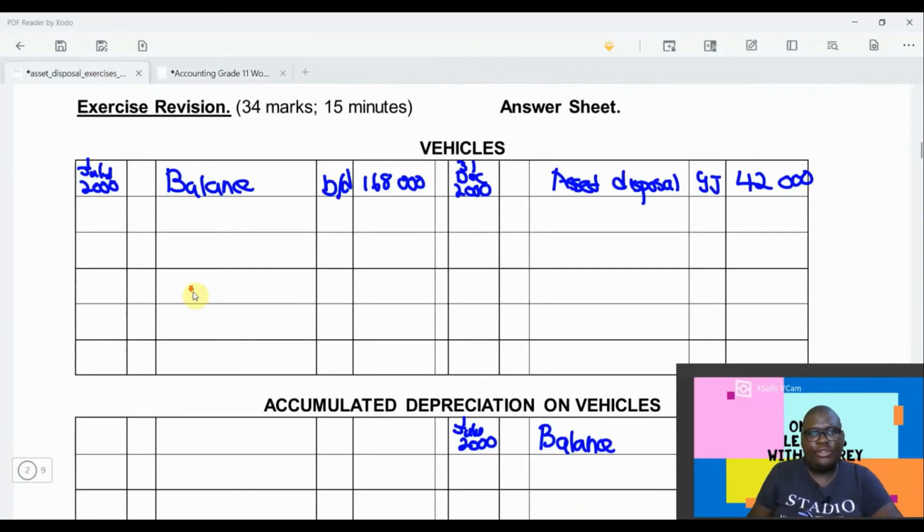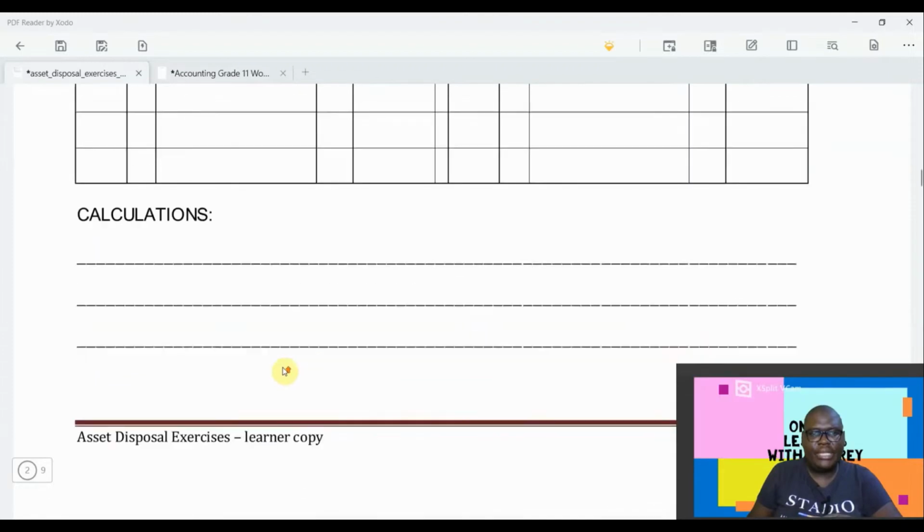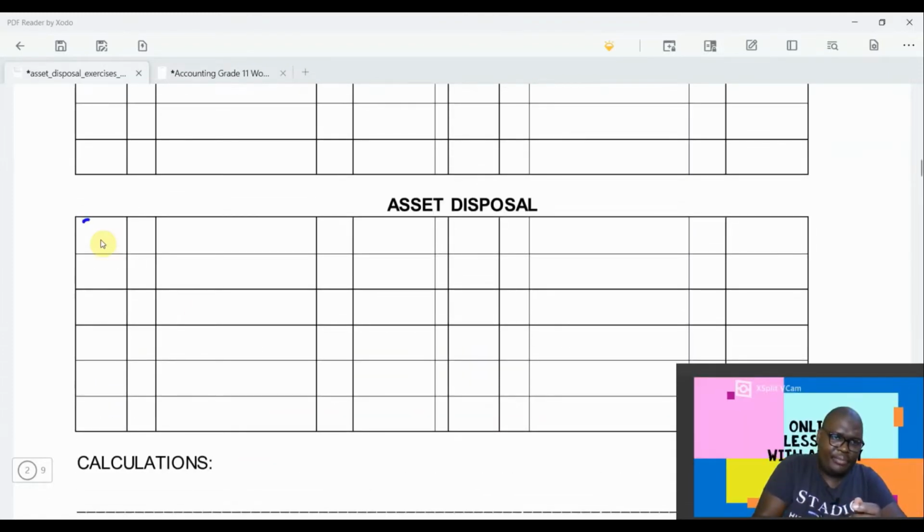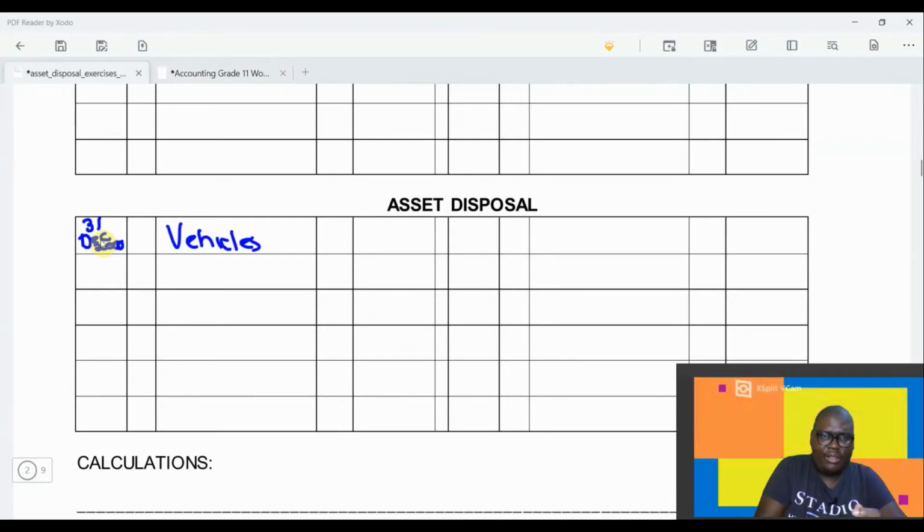On the debit side, on 31 December 2000, we say vehicles, general journal, and then we have that 42,000 here.